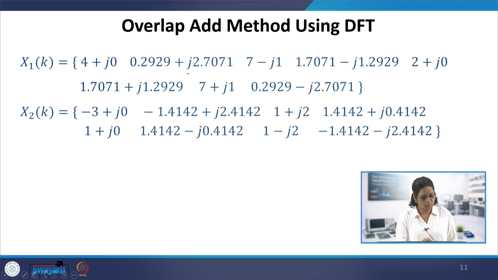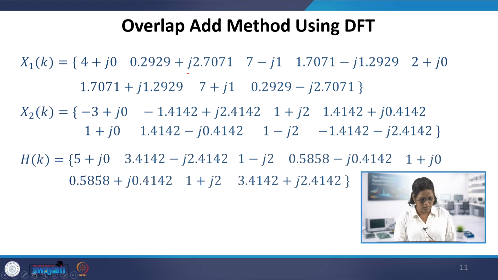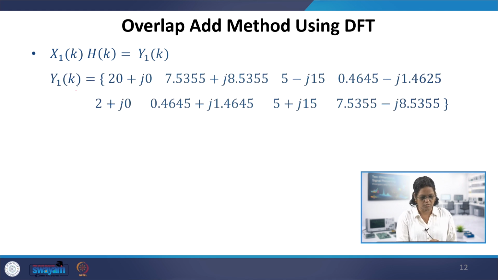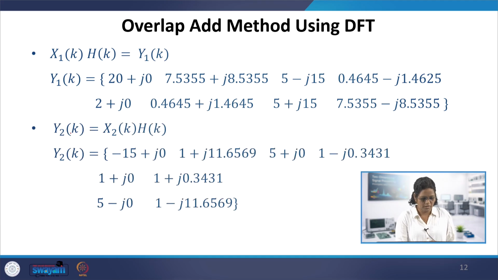Similarly, h also we can take the 8-point DFT of. Then we multiply X1 and H position-wise to get Y1[k]. Similarly X2 and H[k] are multiplied to get Y2[k]. This is the result of this multiplication, and now we have Y1[k] and Y2[k].